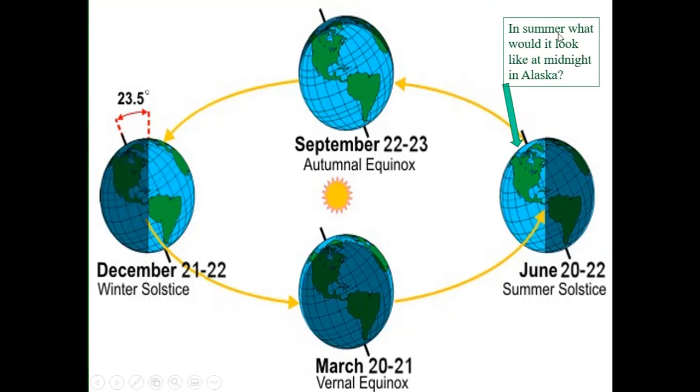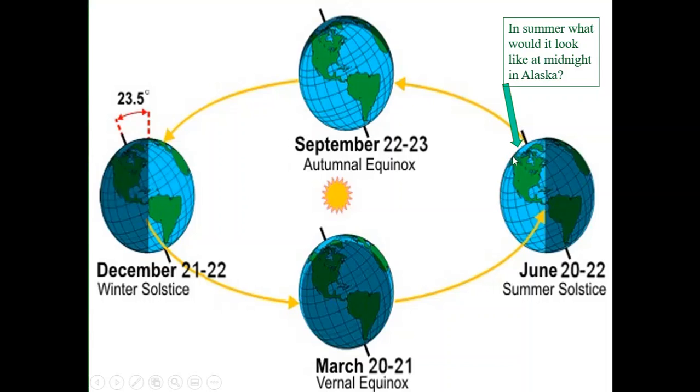In summer, what would it look like at midnight in Alaska? Alaska, there's Fairbanks, right there, right where the tip of my pointer is. That's where my sister lives. That's where I visit every summer, right around that time. So right there, what is it going to look like as it twirls around the axis?